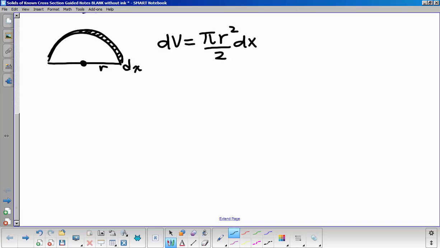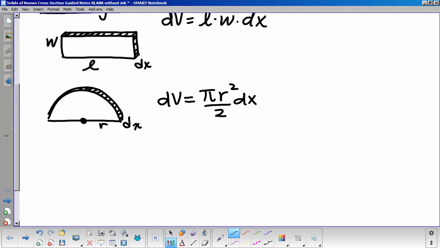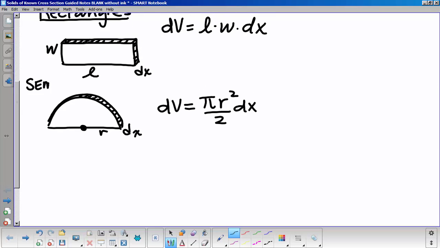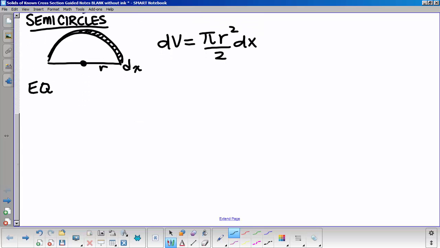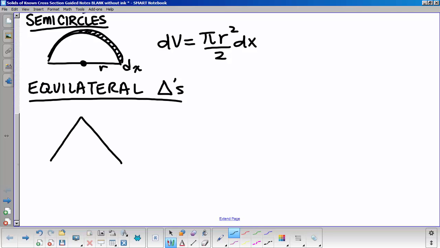The next type of cross-section we could have is an equilateral triangle. I should put semicircles here. Equilateral triangles. So that looks like a triangle, obviously, with a face that has all the sides congruent or equal, and then I have a thickness of, again, dx.